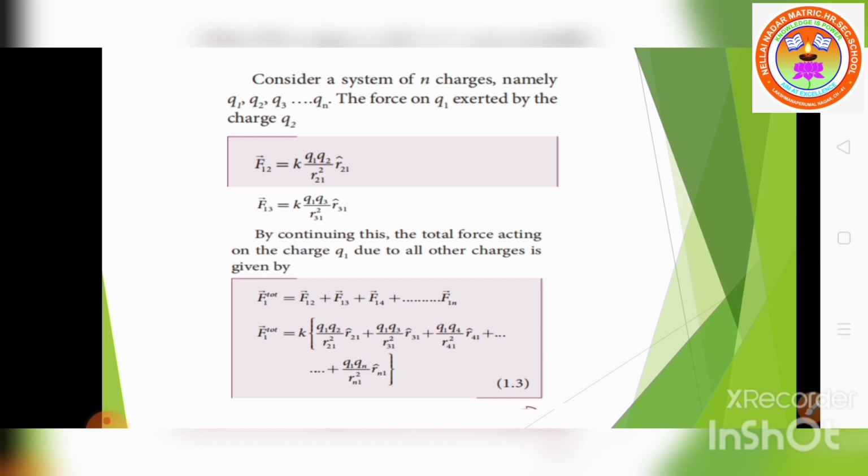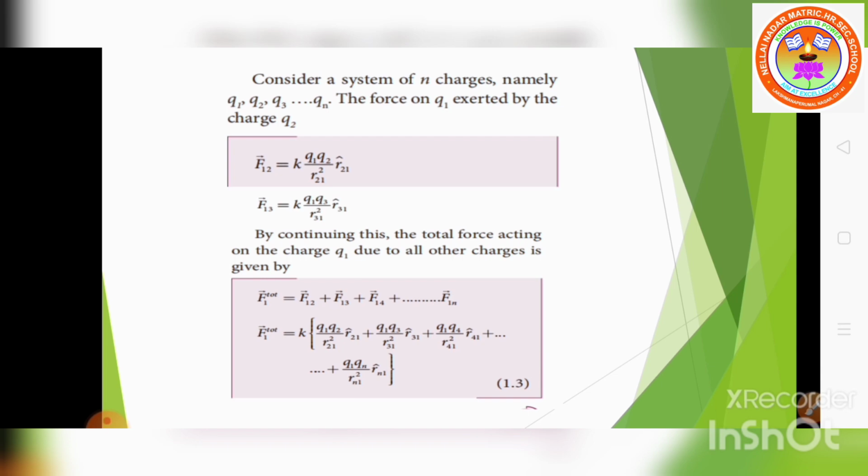If you see the first equation, what is common? K. So we can write K as common, then write the remaining values. For the first one, Q1 Q2, second one, Q1 Q3, third one, Q1 Q4, and the last one, Q1 Qn. In the denominator, 2 to 1, 3 to 1, 4 to 1, n to 1.